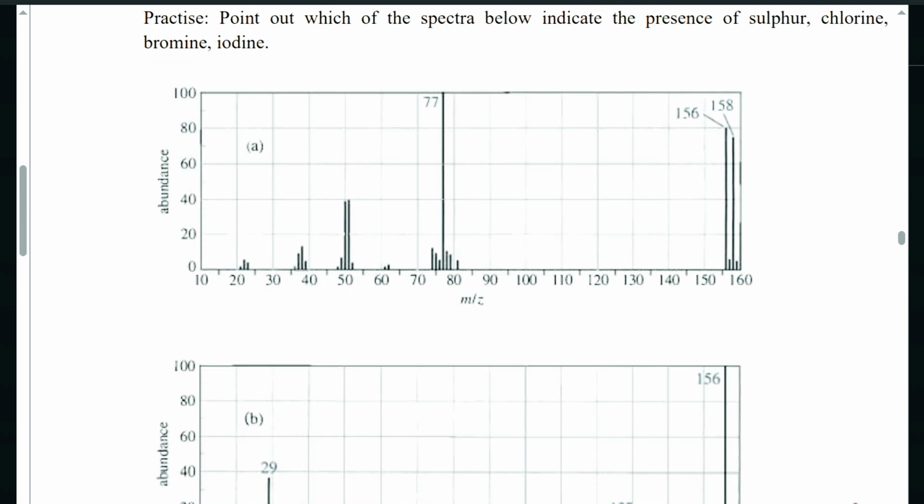So the next thing, I'll just give you as practice. Point out which of the spectra below indicate the presence of sulfur, chlorine, bromine, iodine. You can also drop your answer in the comment section. I'll try to look at them. So looking at this, these two are almost the same. You can tell that this is bromine, right?